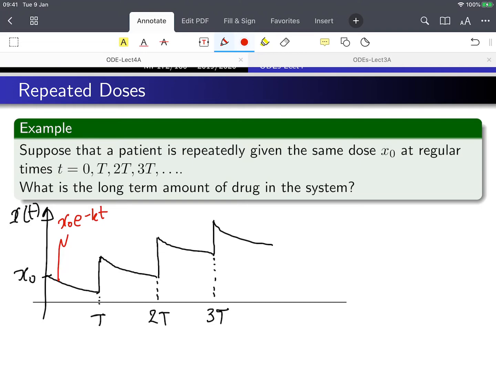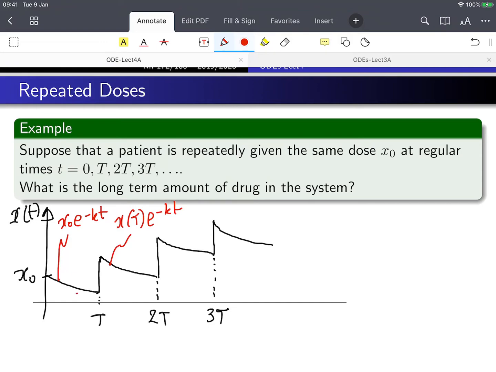It's going to start at now x of T, but it's going to decay just the same. Then that one is going to behave as x of 2T, right? Because the initial value here is x of T, which is going to be this little value here plus x0. We can actually compute all those quantities.